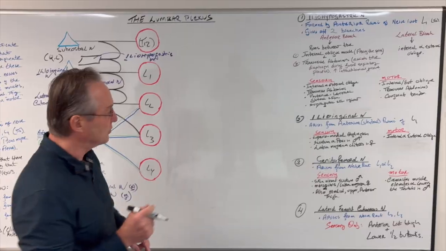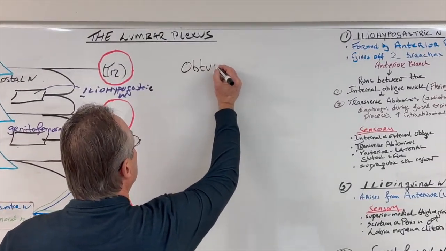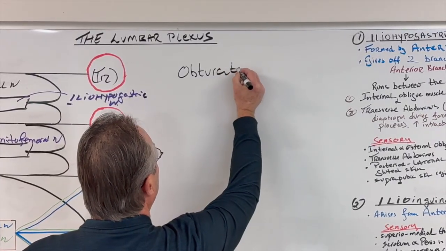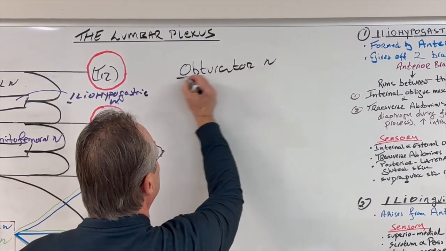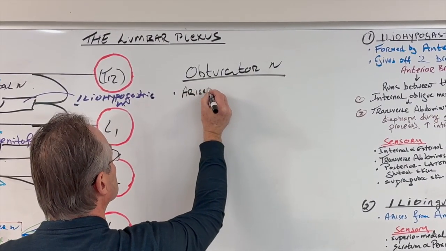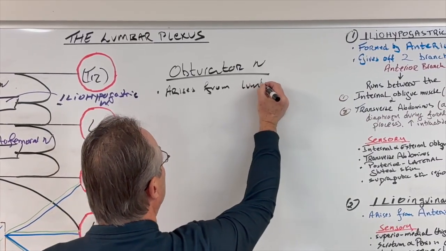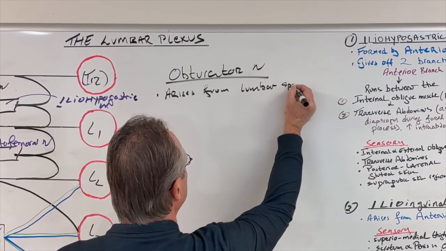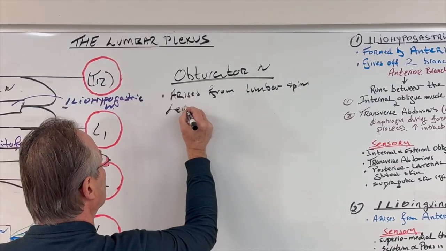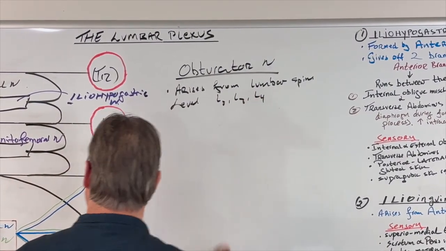The obturator nerve, femoral nerve. Obturator nerve arises from lumbar spine level L2, L3, L4.